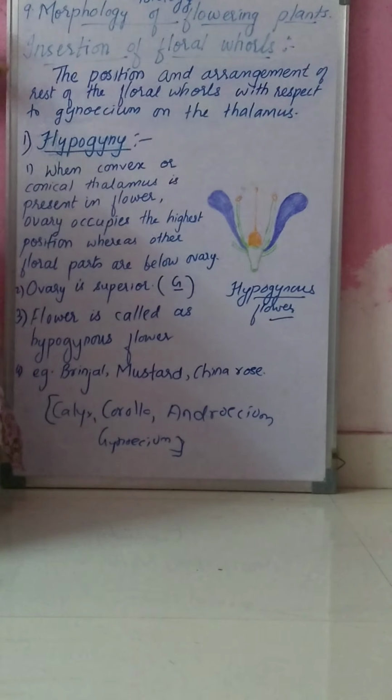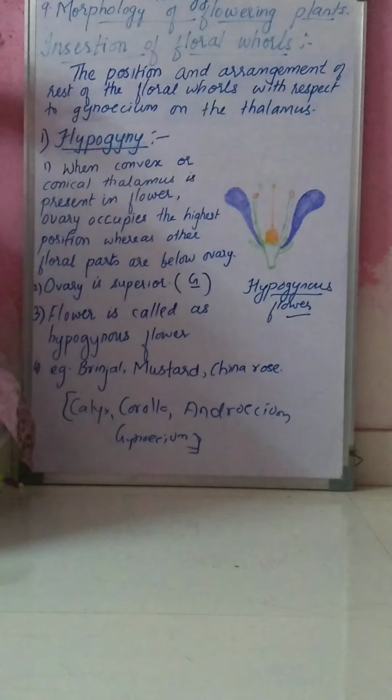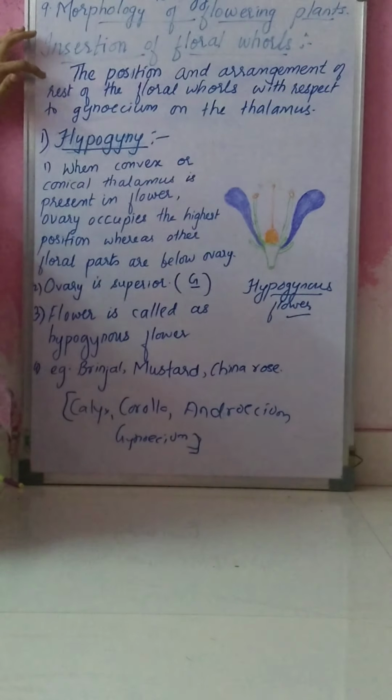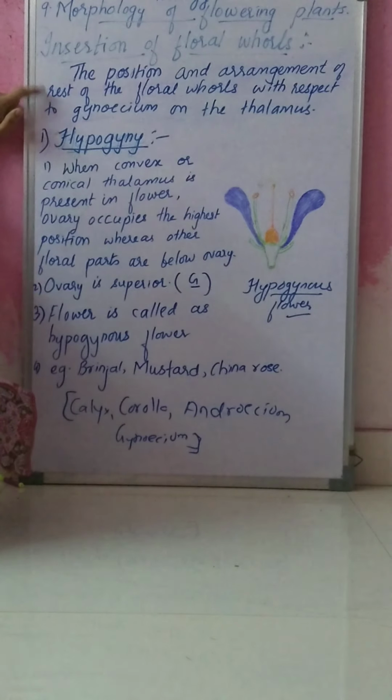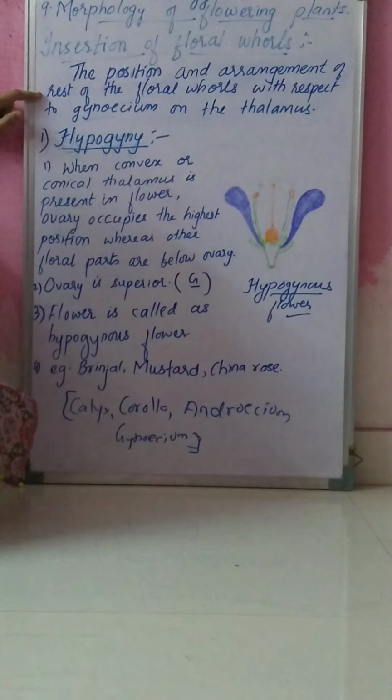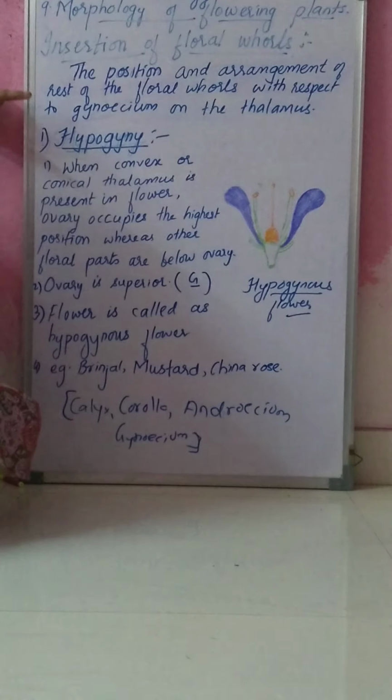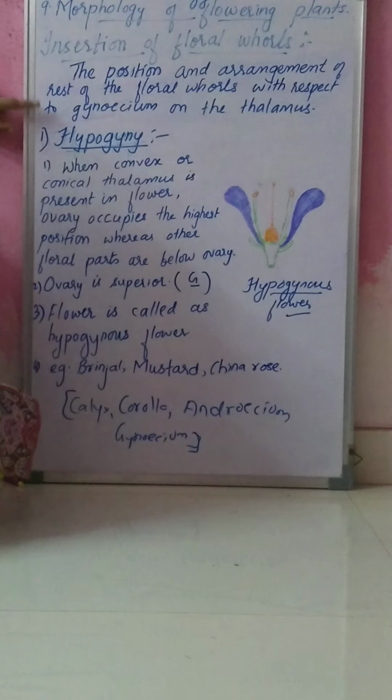Now how will you define insertion of floral whorls? What is insertion of floral whorls? The position and arrangement of the rest of the floral whorls with respect to gynoecium on the thalamus is known as insertion of floral whorls.